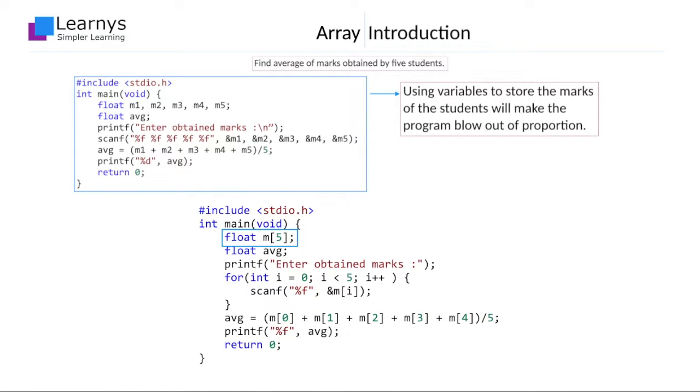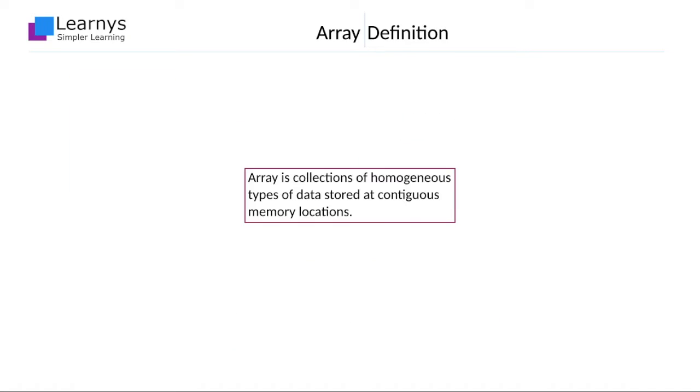In this lesson, we are all set to discuss everything about arrays, and we will start by presenting a formal definition of arrays. Arrays can be defined as collections of homogeneous type of data stored at contiguous memory locations. This definition brings out two most important aspects of arrays.